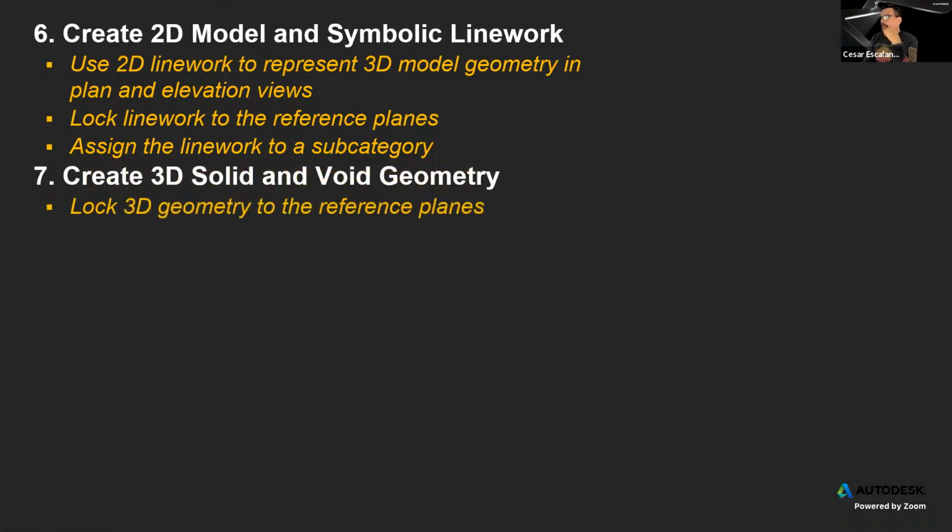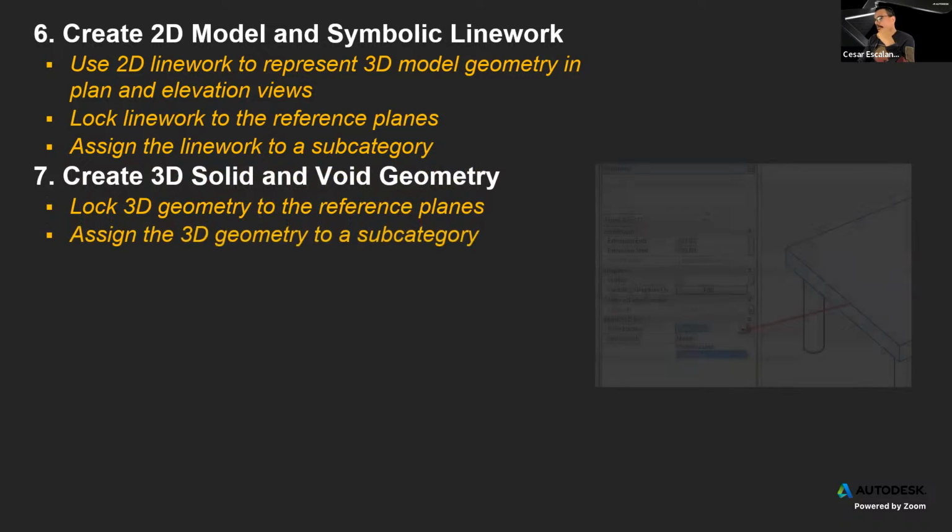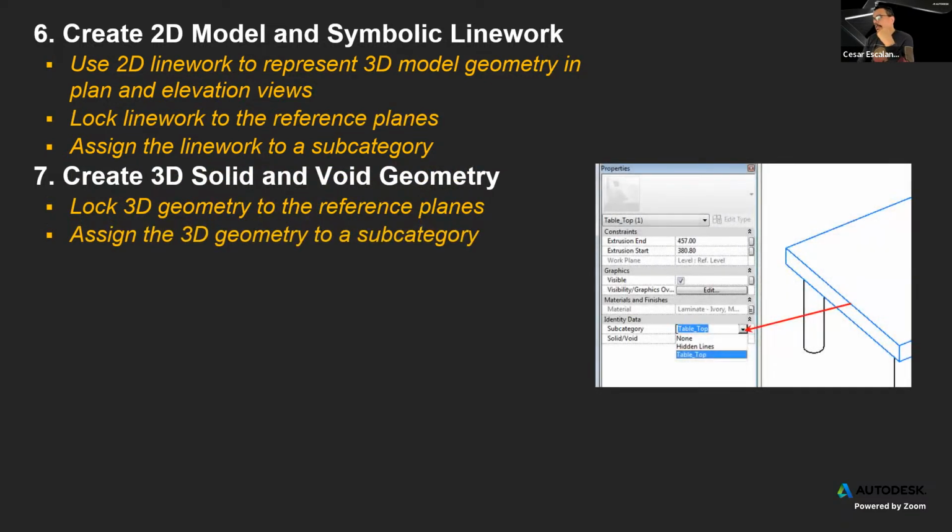Step number 7 is to create now the 3D geometry. If you snap the geometry to the reference planes, you don't need to lock them. Then you have to assign the 3D geometry to a subcategory. The subcategory is a way to categorize the geometry belonging to that element inside the project. Subcategories can be custom created.